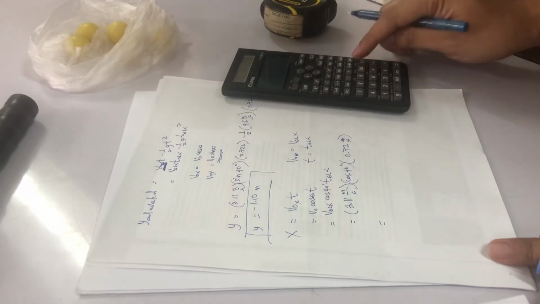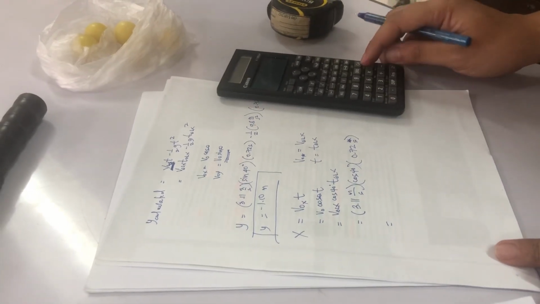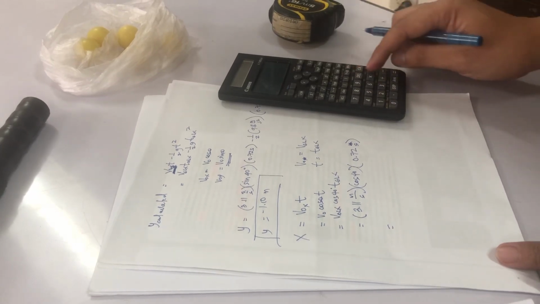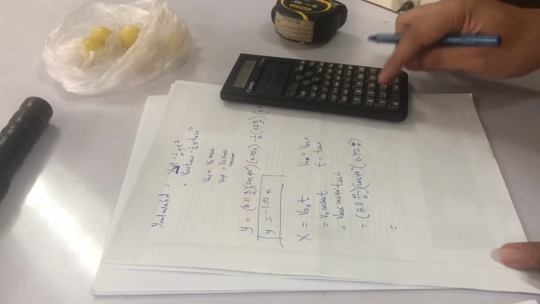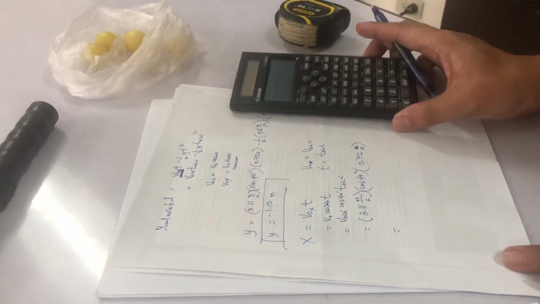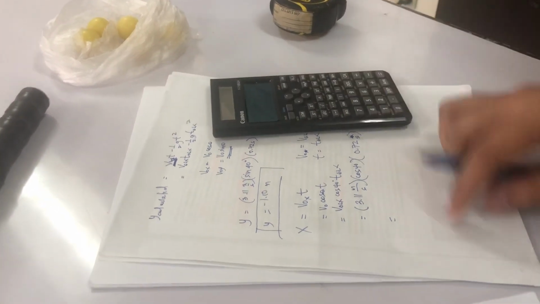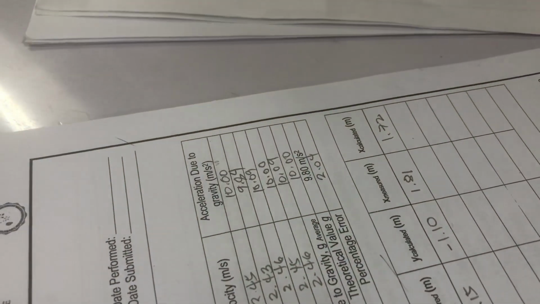Let's compute the value: 3.11 multiplied by cosine 40, multiplied by 0.72. The answer is 1.715, or 1.72. So that's for the first trial.